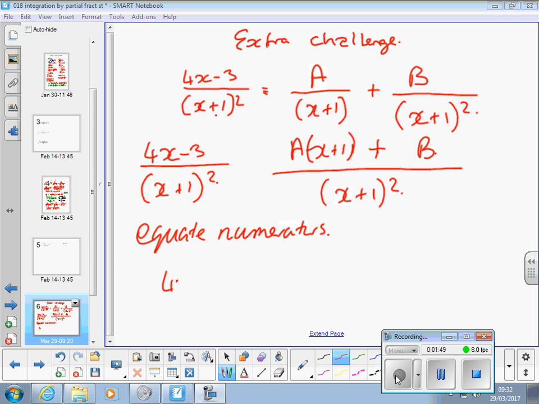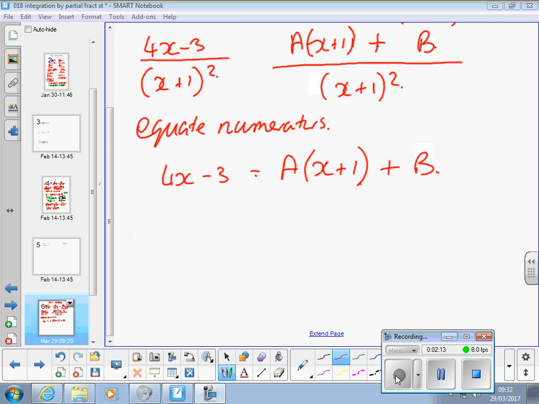So we say 4. Well, let's prove it. How can I get rid of the A term? x equals -1.